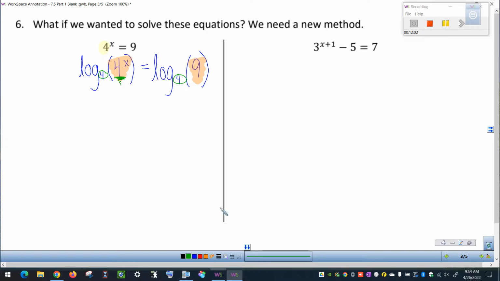That's because a log with the same base is going to undo an exponential that has the same base. Remember, these are inverse functions of each other. 4 to the x is the inverse of log base 4 of x, and so they cancel each other out.